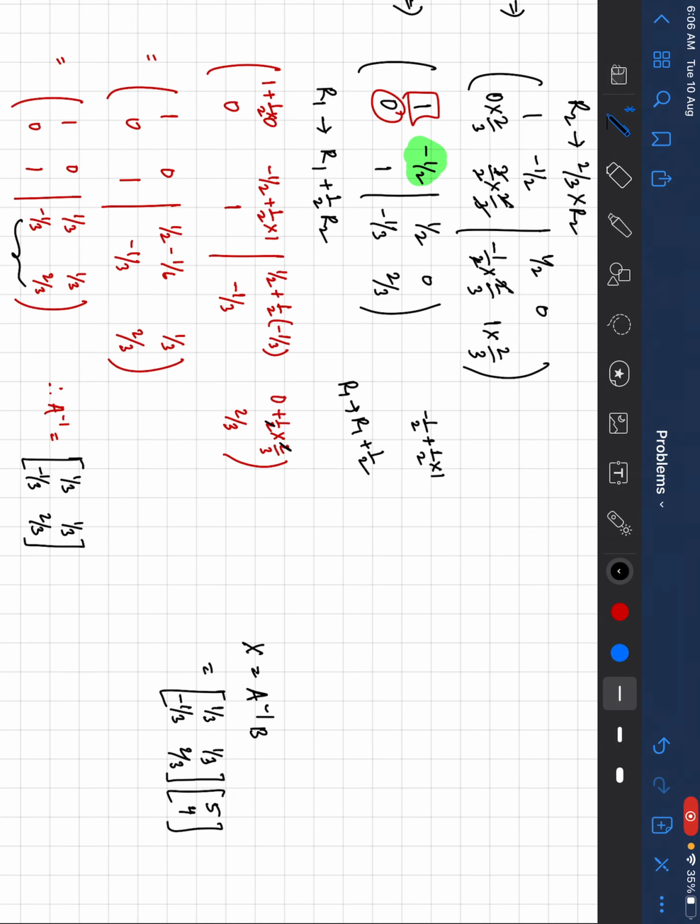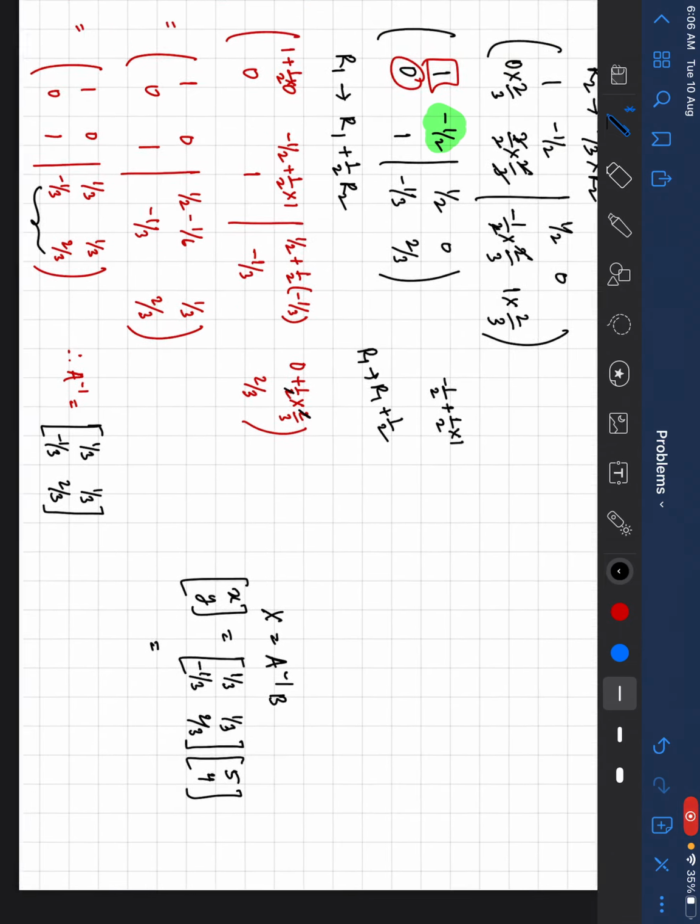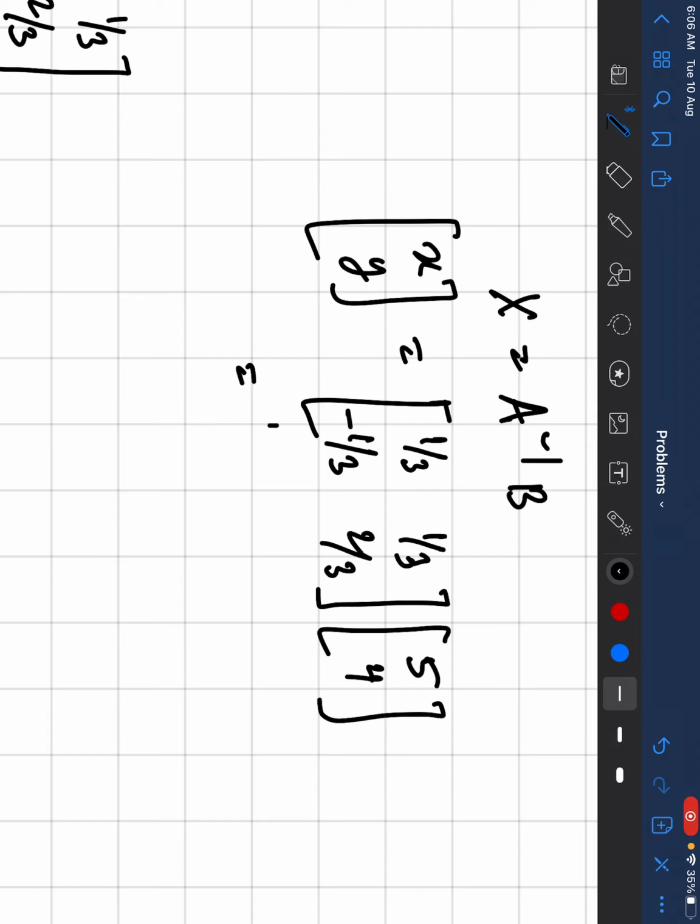Now you just multiply these terms. If I do normal matrix multiplication, we have 1 by 3 into 5, this one with this one, so we have 5 by 3, plus 4 by 3.